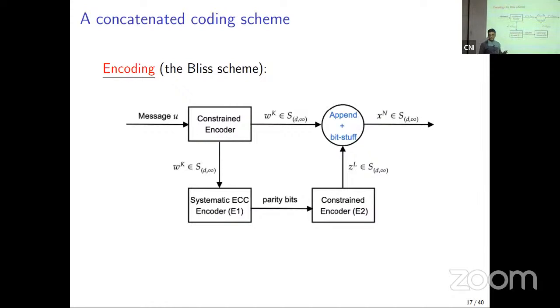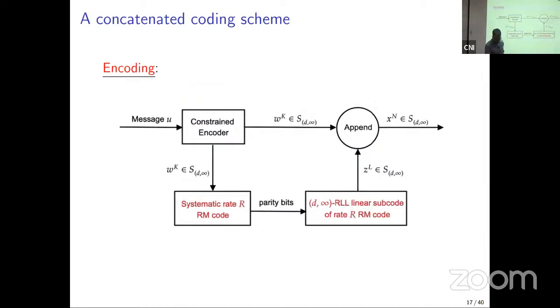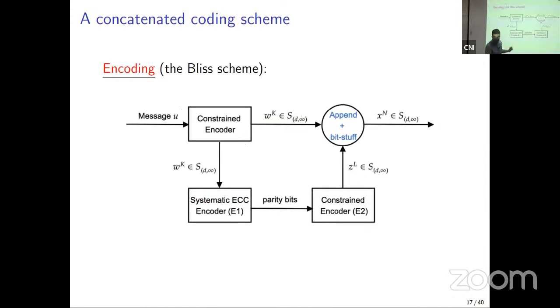So that is the simple idea behind the encoding part of the scheme. And what do we do? We just replace the systematic ECC encoder by systematic Reed-Muller. And we replace the second constraint encoder by a constrained subcode of the Reed-Muller code that we had designed. Now, the interesting thing is we're actually introducing more error correction into the system than what was available via this construction.